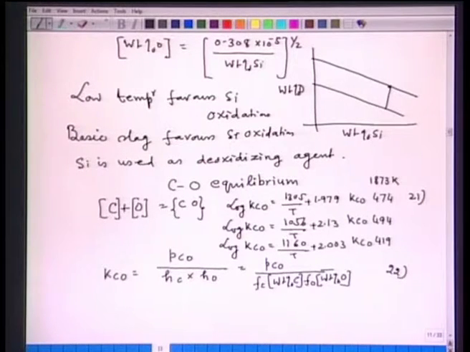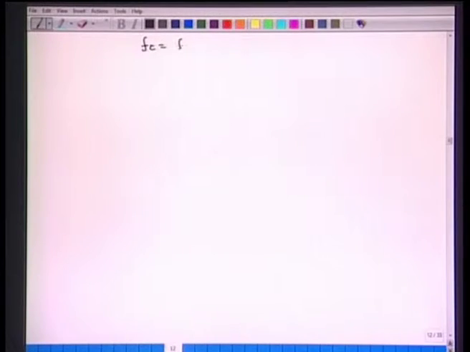Now, assuming the activity coefficients of carbon and oxygen in liquid steel to be unity, however this value may not be unity, but for the sake of calculation and understanding, let us take fC equal to fO equal to 1.